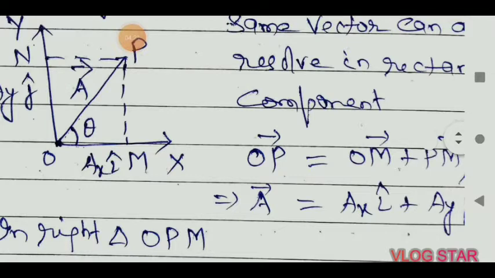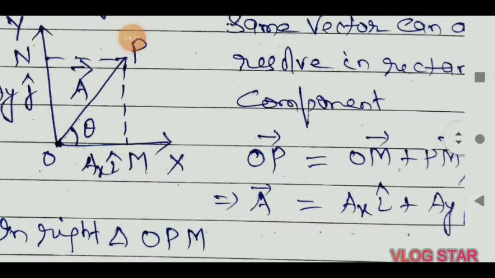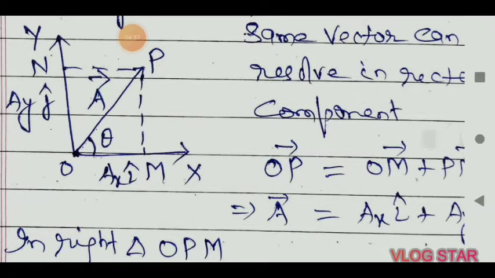The OM is represented by AX. AX is the magnitude of vector A along the x-axis, and i cap represents its direction along the x-axis. Similarly, AY is the magnitude and j cap its direction, because i, j, k, you know, are the unit vectors.